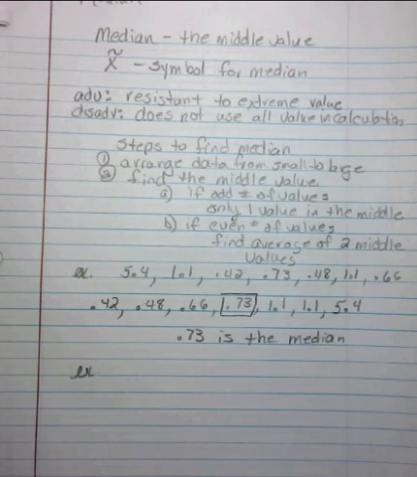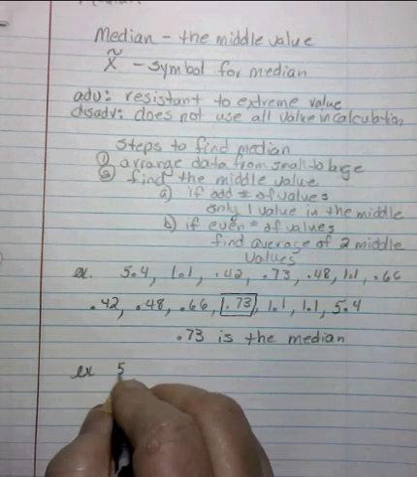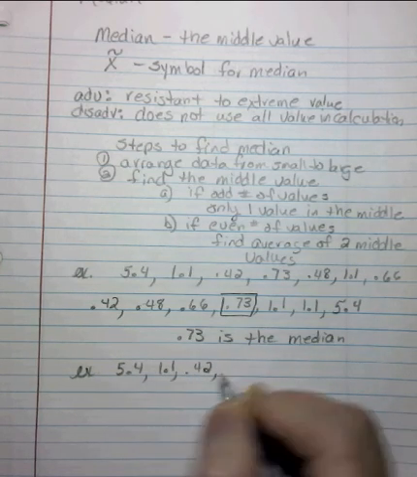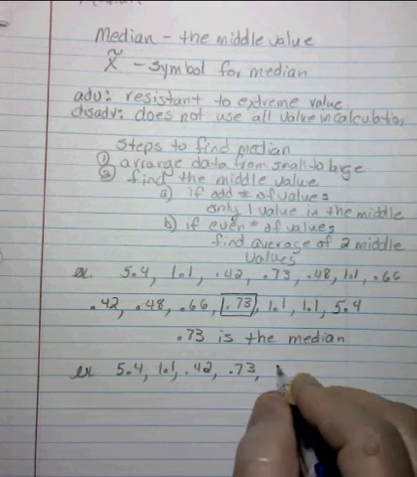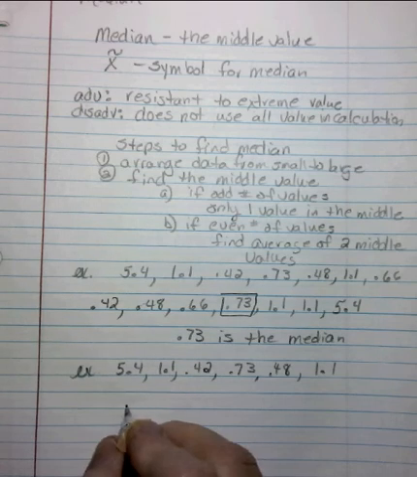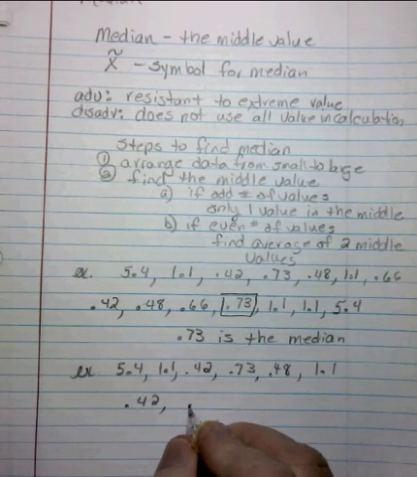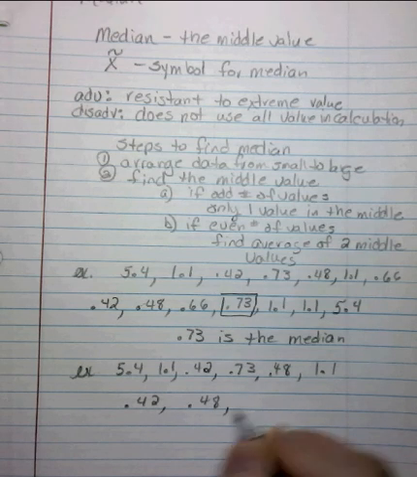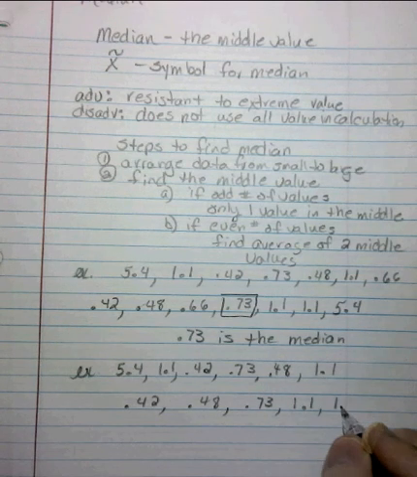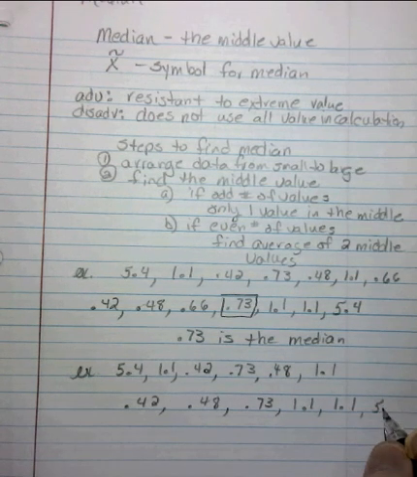Now let's do another example. We have 5.4, 1.1, 0.42, 0.73, 0.48, and 1.1. Again, the very first thing we do is arrange the data from smallest to largest. So we have 0.42, 0.48, 0.73, 1.1, 1.1, and 5.4.